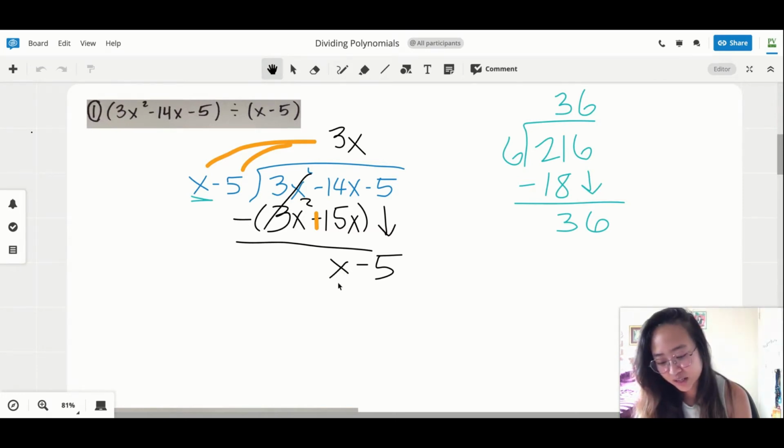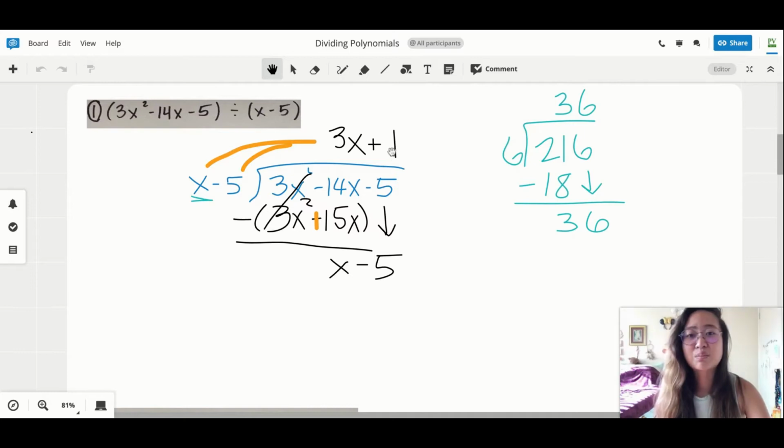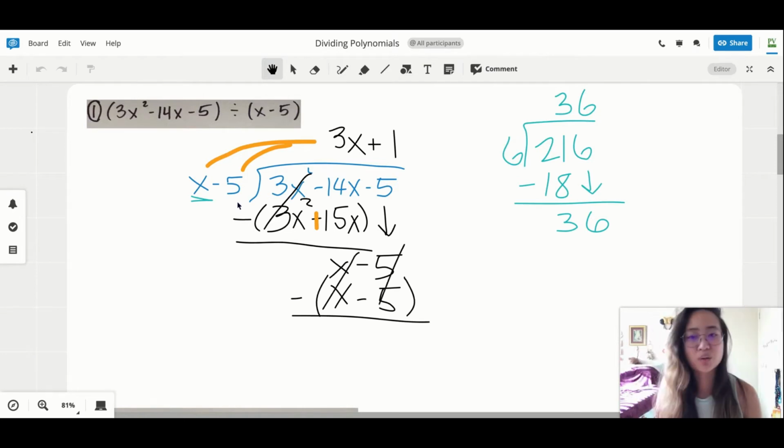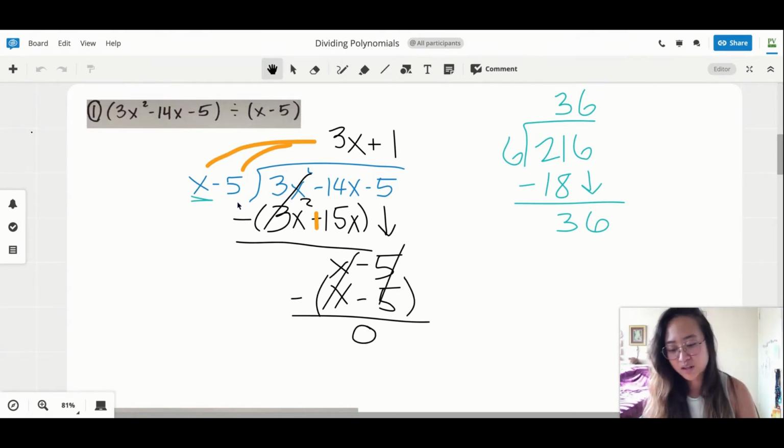So we can add a plus 1, and same process, whatever number you add up here, multiply it to each term on the outer part of the division bar, so that we get x minus 5, and of course we must subtract, but luckily these cancel out and we don't have a remainder on this one. So this is our final answer.